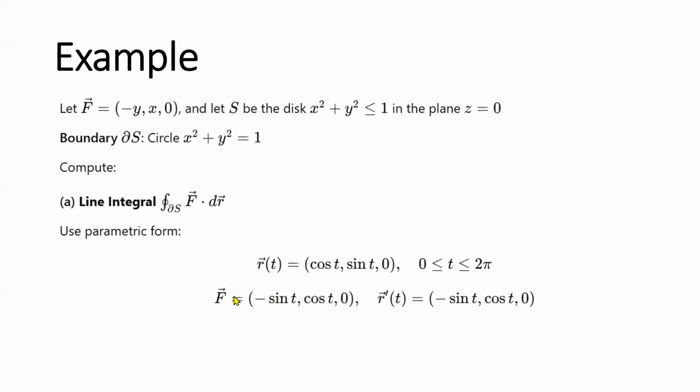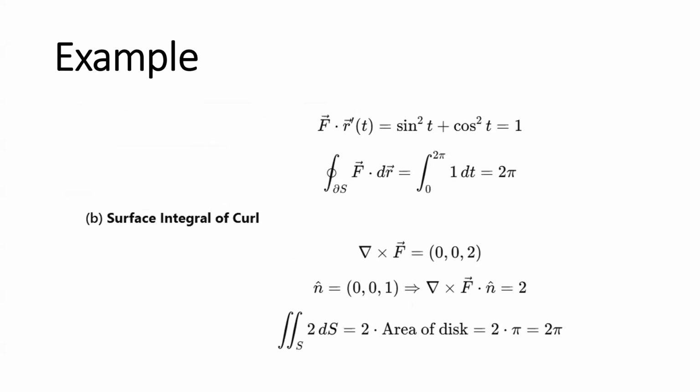Then F is (minus sin t, cos t, 0), and dr, by differentiating, is (minus sin t, cos t, 0) dt. Taking the dot product, we get sin squared t plus cos squared t, which is 1.